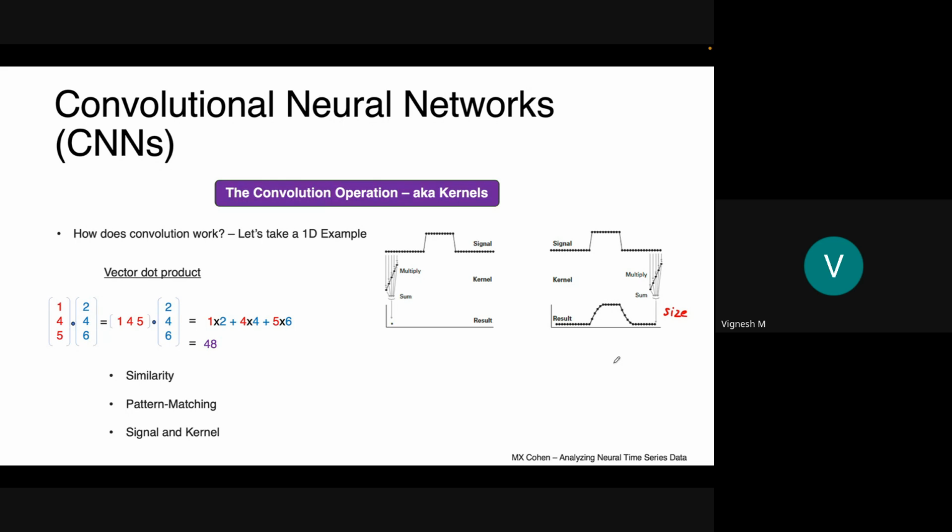Slightly more. Less points. Tell me correctly. There are less points in the result than in the signal. Yes, dimensionality reduction is happening. Exactly. There is less points in the result than in the signal.